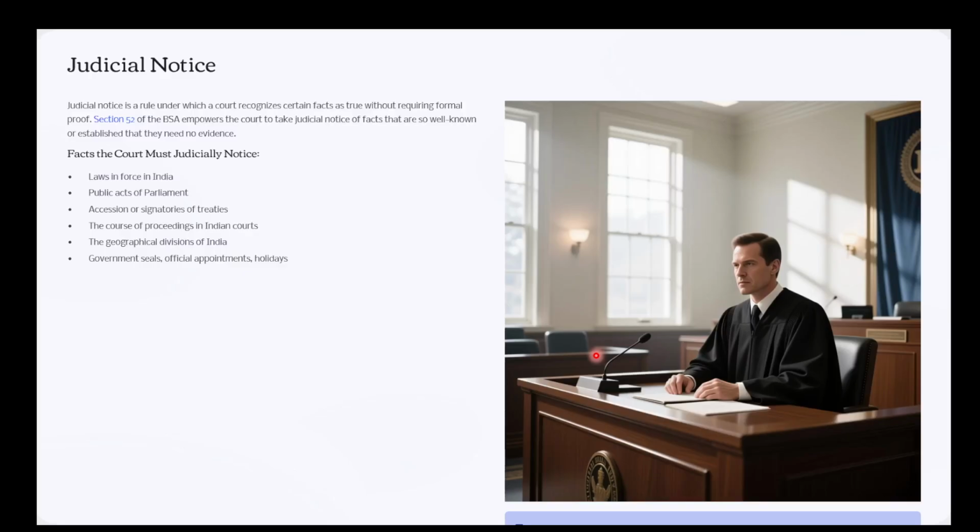So, facts the court must judicially notice.